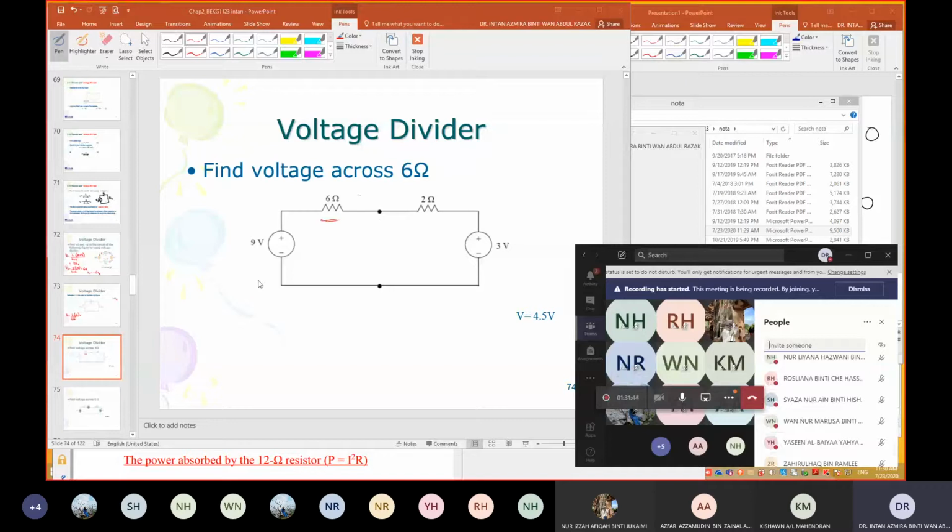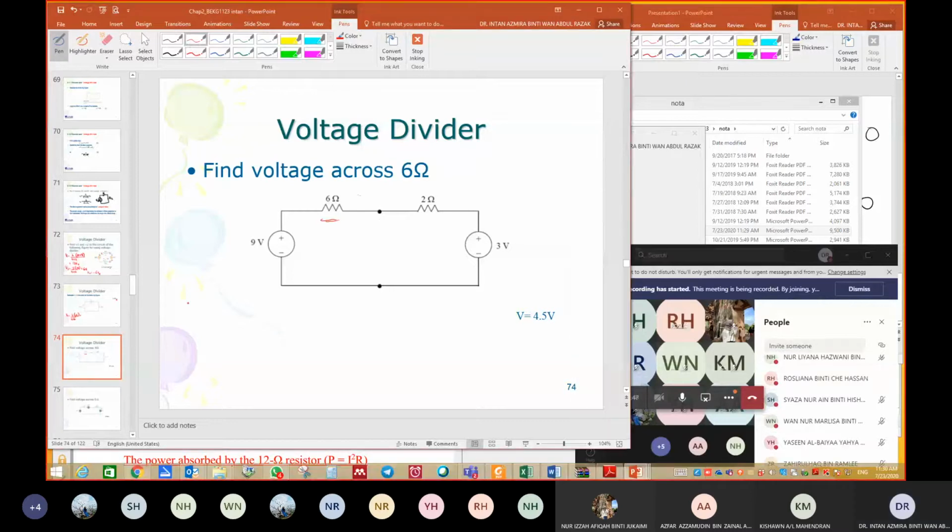Rosliana, quickly. 6 divided by 6 plus 2, multiplied by 9 plus 3. You cannot add 9 and 3, because of the flow of current, minus, plus, and then plus and minus.